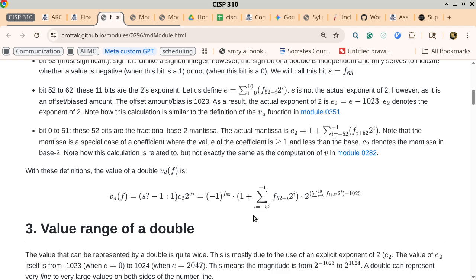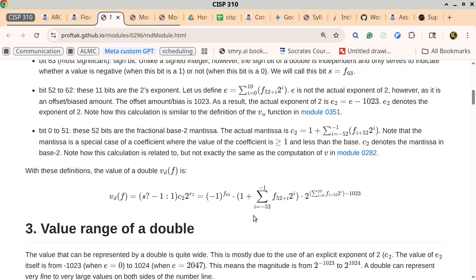I know this sigma notation has some really wonky range for i, but can we evaluate that? Well, i starts with negative 52, so the very first F bit is going to be F0, bit 0 of F. What do we do with bit 0 of F? We multiply that by 2 to the power of negative 52, put it into the sum, and then move i up by 1.